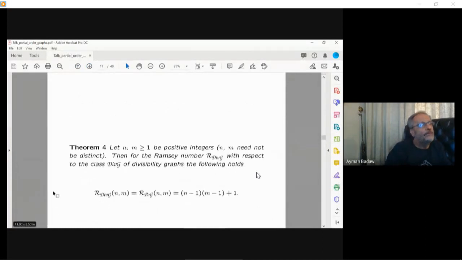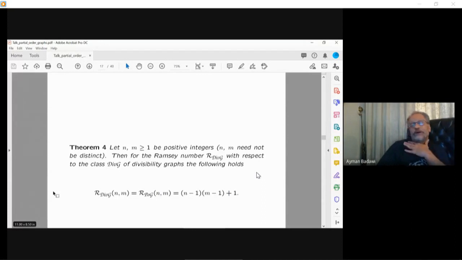Look, we look at the perfect divisor graph and then the divisibility graph, and both of them satisfy the same number, the Ramsey number for the partial order graph.